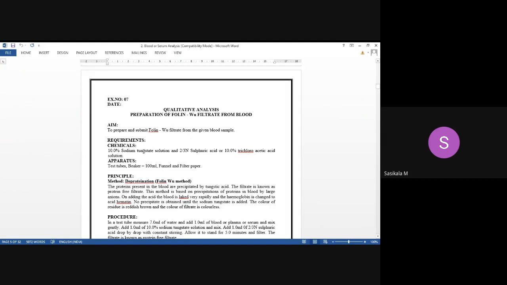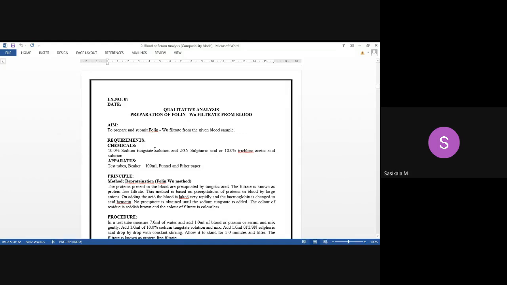That is why it is called Folin tungstate filtrate. What is the other name for this? Protein free filtrate. If somebody asks how you will prepare protein free filtrate, remember it is Folin tungstate filtrate from the blood sample.